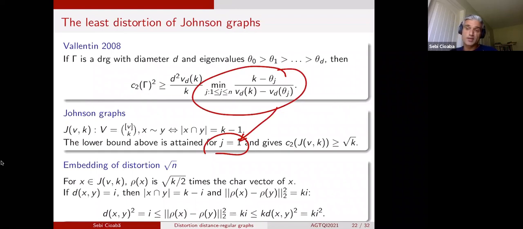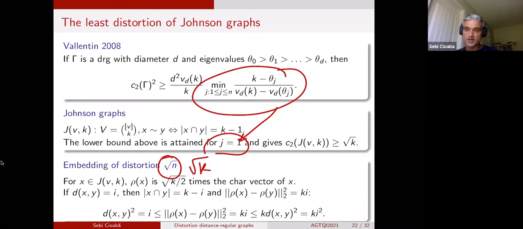For the upper bound, he embeds each vertex as the characteristic vector of the k-subset that it corresponds to, times some constant. And again, he shows that the embedding has this distortion. I guess that's a typo here. It's not square root of n. It should be square root of k. Okay.